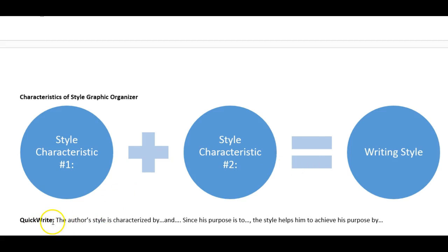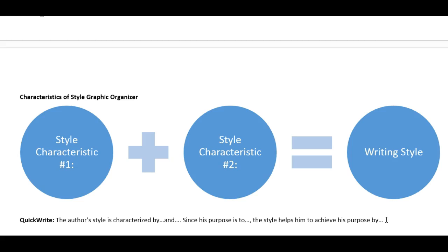And then for the quick write, you'll be provided the frame, which reads, the author's style is characterized by, and of course you'll list the 2 by blank and blank. And since his purpose is 2, you're going to need to identify the author's purpose and then explain how the style helps him to achieve his purpose. So you'll be well versed in that by the time this video is over.